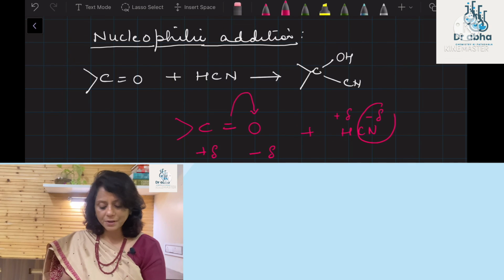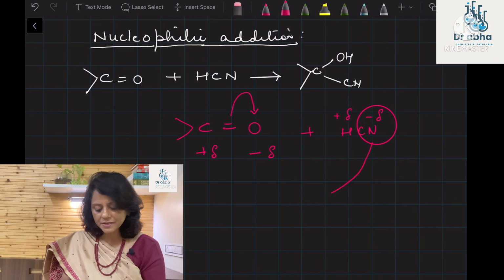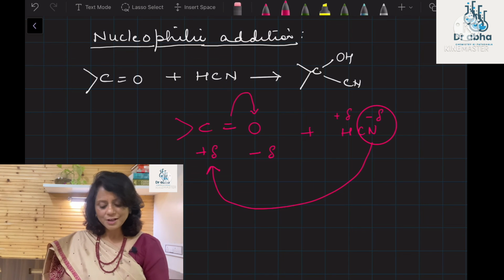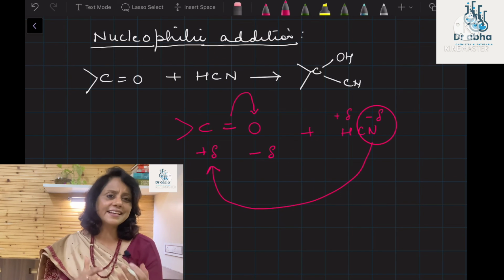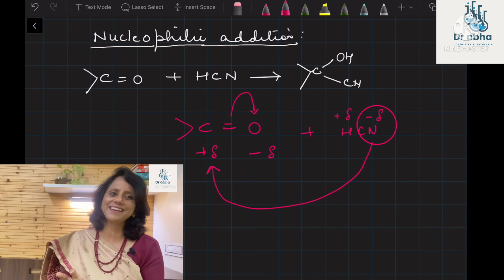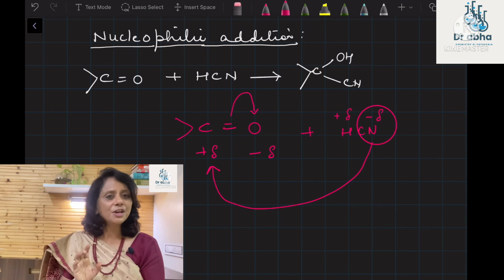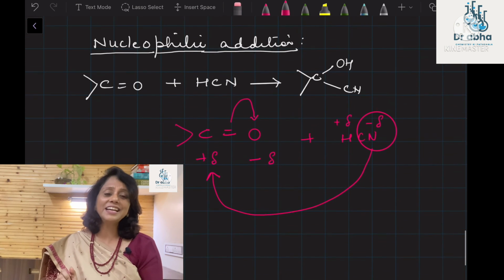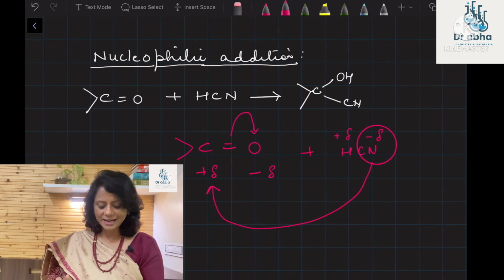So the first step, that is the rate determining step, is this CN, the nucleophile, attacking the electrophilic center, that is carbon. So in the first step CN gets added, in the second step hydrogen gets added. Finally the addition product will have the nucleophile as well as the electrophile, but still we name it nucleophilic addition because it is the rate determining step that matters at the end of the day.